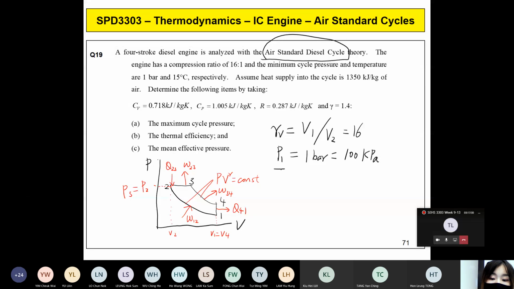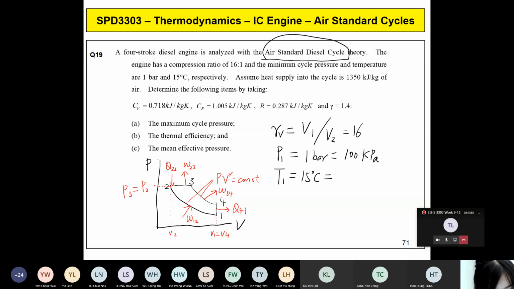The minimum temperature is 15 degrees. That should be T1. Here, pay attention. You must change degree C into absolute temperature because you are dealing with perfect gas.